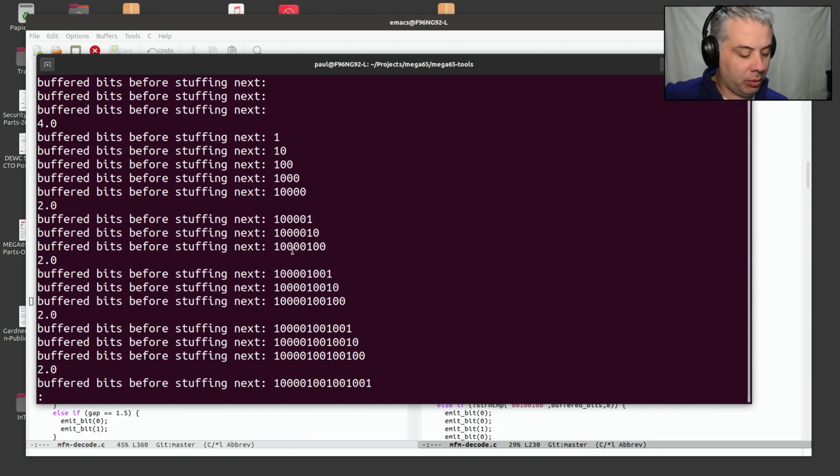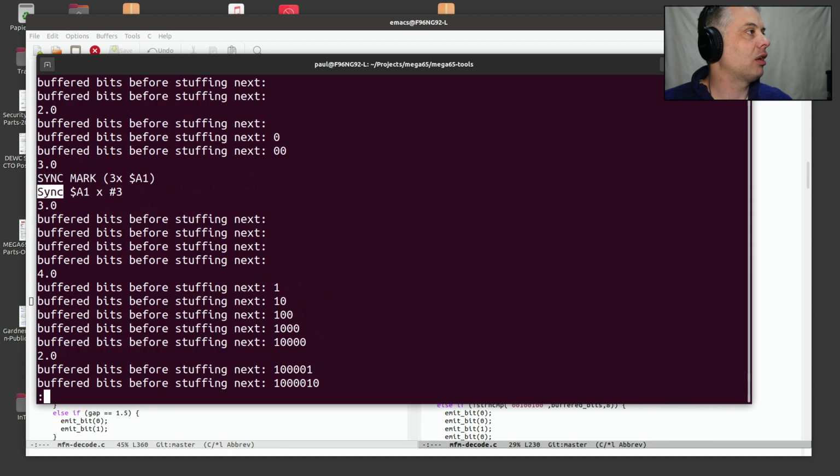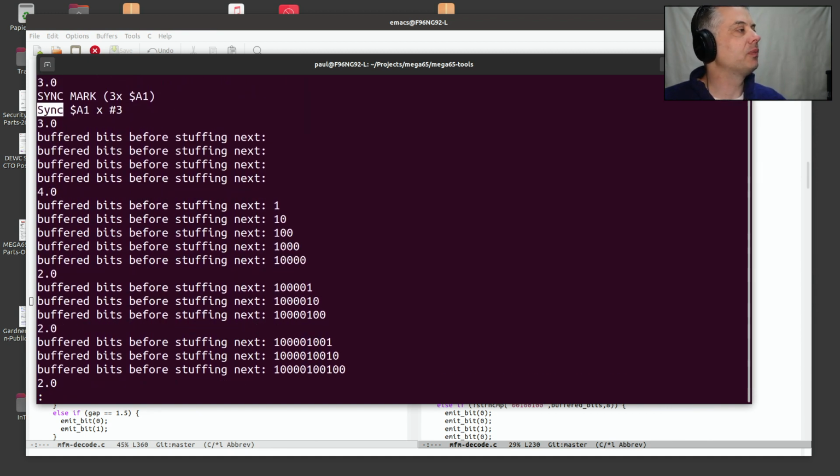Yeah, okay, so I think we don't need to skip bits because we are chewing up the bits that the sync byte has left. So I think I'm still doing something wrong with that. Because of course we detect the sync after we've put the last gap on.